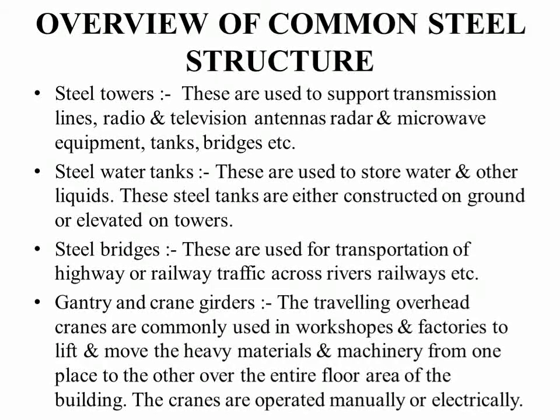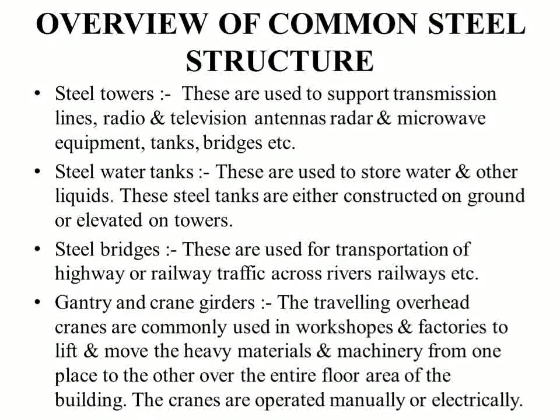Here some common steel structures are listed which are seen in everyday routine. In that, steel towers, these are used to support transmission lines, radio and television antennas, radar and microwave equipment, tanks, bridges, etc. Second one, steel water tanks. These are used to store water and other liquids. These steel tanks are either constructed on ground or elevated on towers.